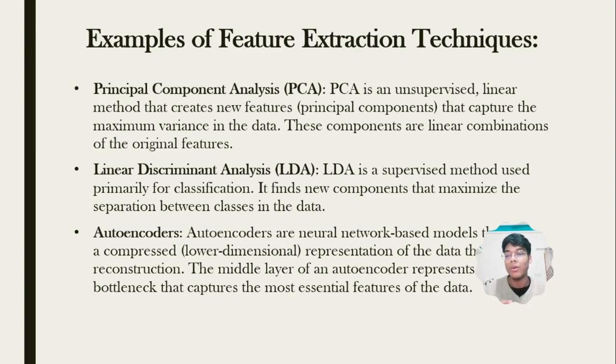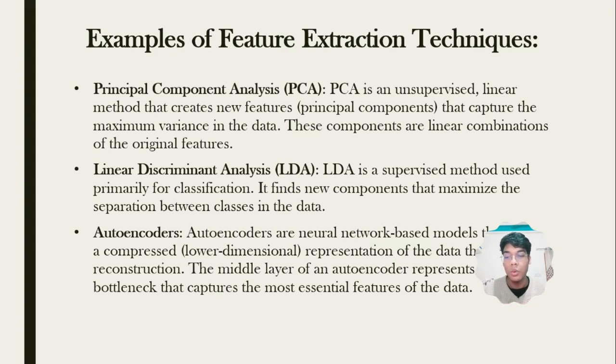Second one is LDA, that is linear discriminant analysis. LDA is a supervised method that is used primarily for classification. It finds new components that maximize the separation between classes in the data. Third one is autoencoders.